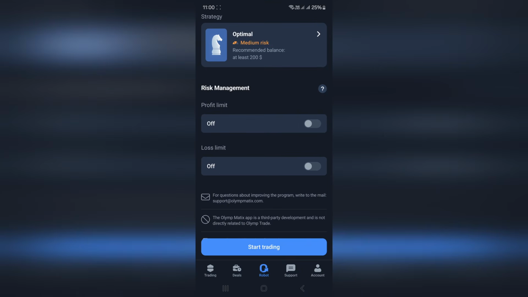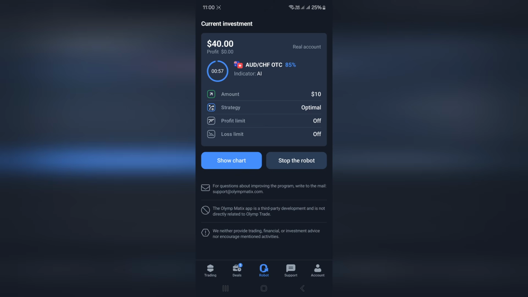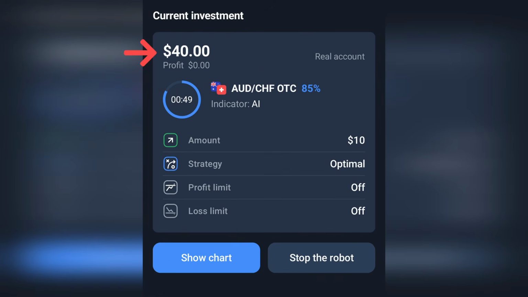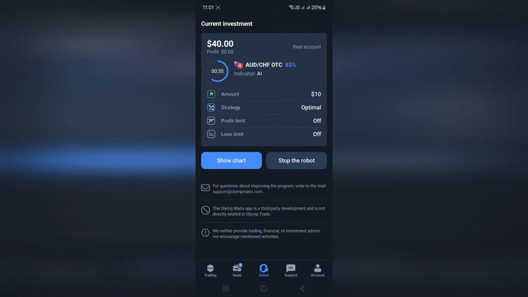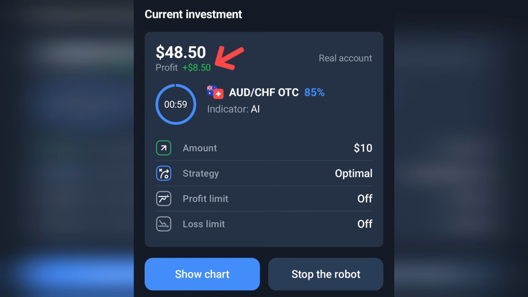Okay, now let's start the bot and see what happens. As soon as we start, the bot will analyze the market and place trade. We can see our current account balance and the profit amount in the top left. Here, we can see the duration of the trade. We were able to successfully close the first trade with a profit.